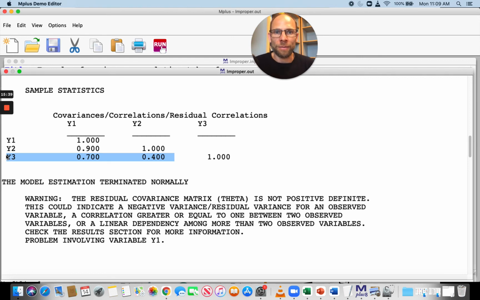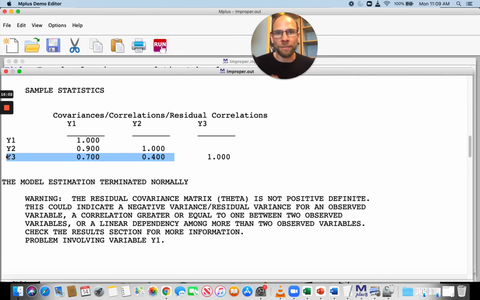So I would probably get rid of that indicator if I didn't have some other option for modeling those additional factors that might be reflected in y3. And so that would be a solution in this case, to only pick those indicators that are highly homogeneous, for which it makes sense to assume that they measure a common true score factor, and get rid of other indicators.